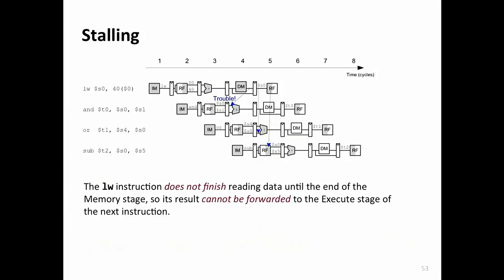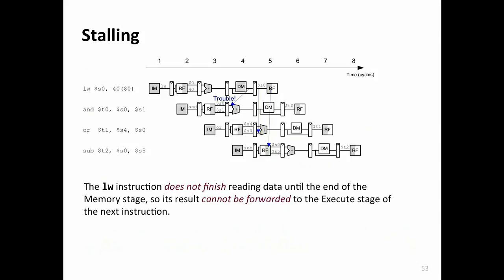Exactly. You increase your clock cycle time. There's a reason why this is just memory. There's a reason why this is just ALU. If you forward the data value produced from memory to the ALU in the same clock cycle, your clock cycle becomes like the sum of both of those operations. So you could do that forwarding, yes. In this case, it's not really forwarding, because you're essentially lengthening the pipeline stage. So that's a bad idea.